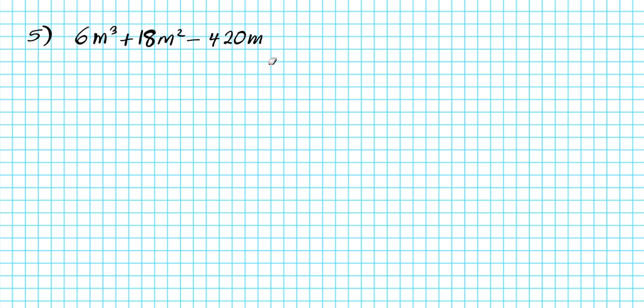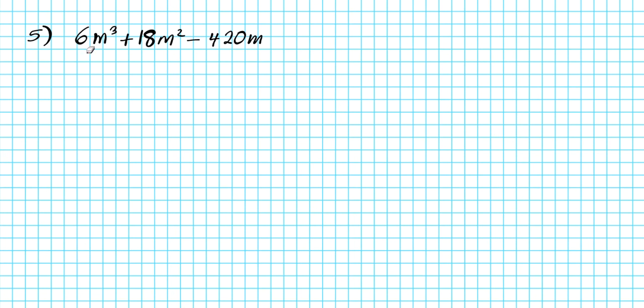We're going to ask ourselves, is there a greatest common factor that I can extract from these three terms, 6, 18, and 420? And the answer is yes. 6 goes into all of them. And if you look at the variables, m to the third, m squared, and m, you can also factor out m.